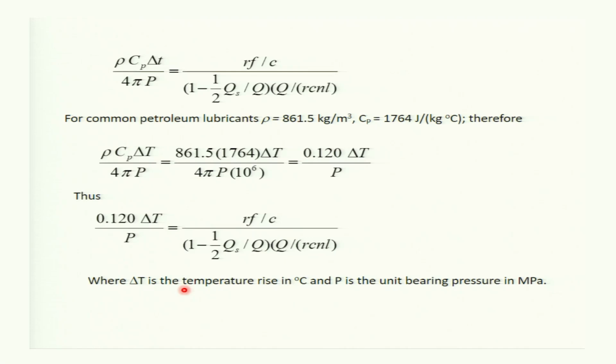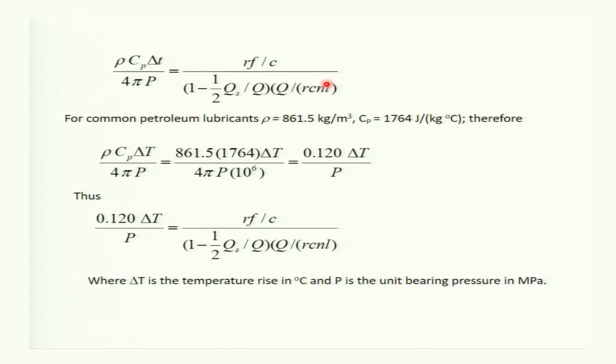Now comparing these two, we have rho Cp delta T divided by 4 pi P is equal to Rc divided by C, within the bracket 1 minus 1 by 2 Qs divided by Q, and within the bracket 1 minus RCNL.